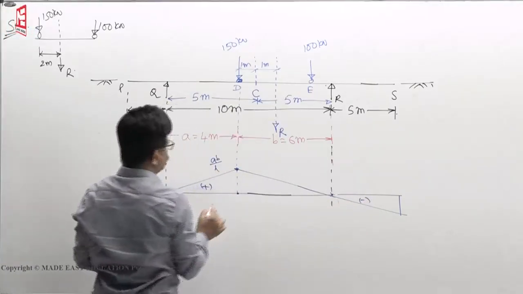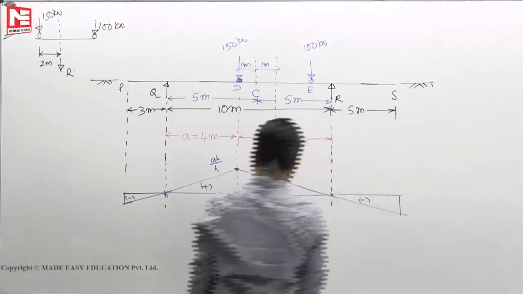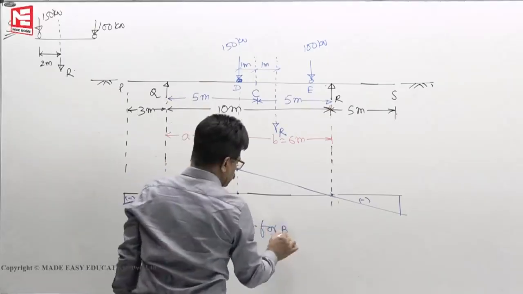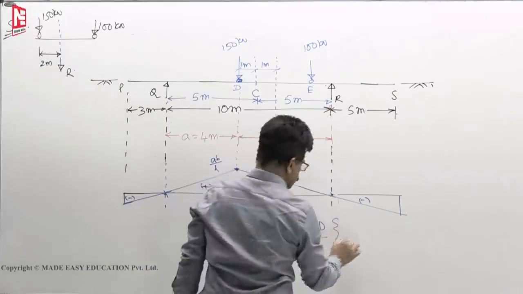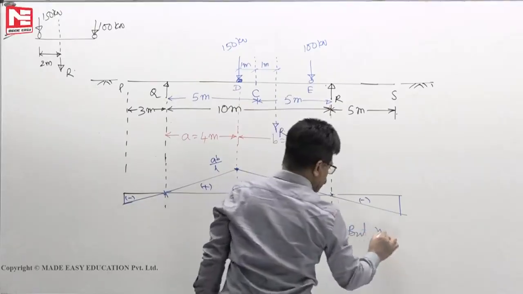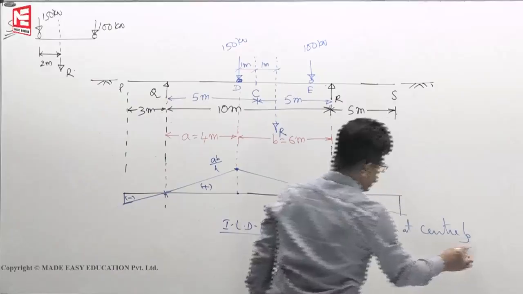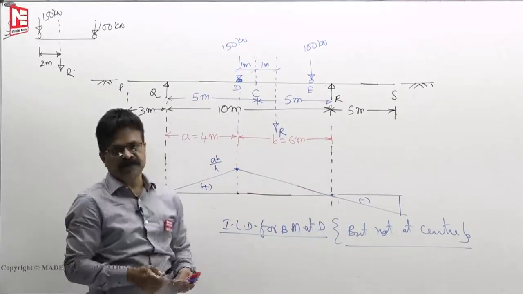Now, this height is how much? AB by L. This is the influence line diagram for bending moment at D, but not at center. This is for us to remind ourselves that we are not getting the bending moment at center when 2 point loads are moving.